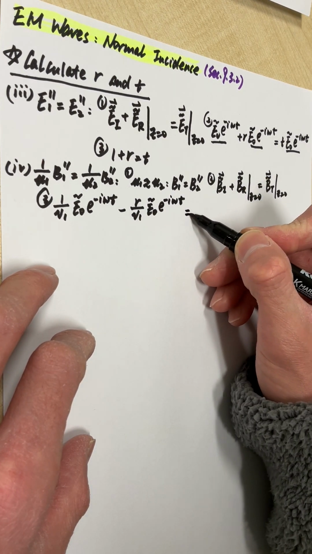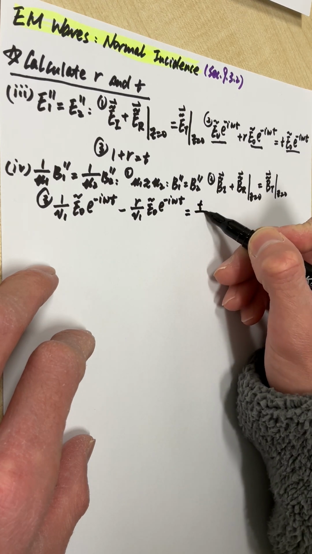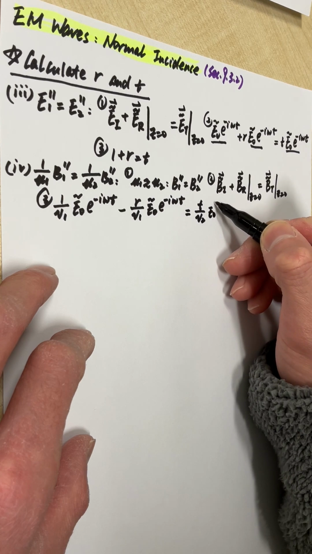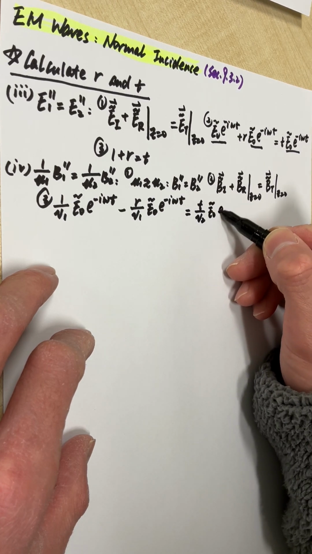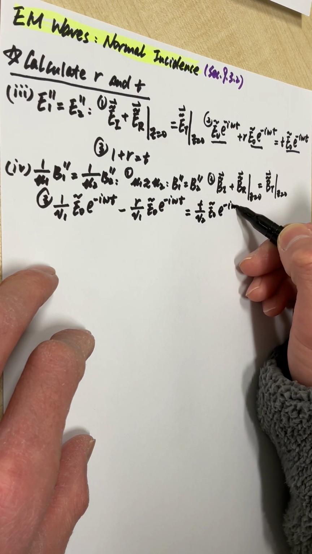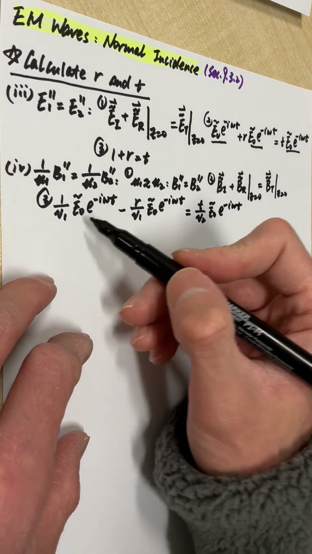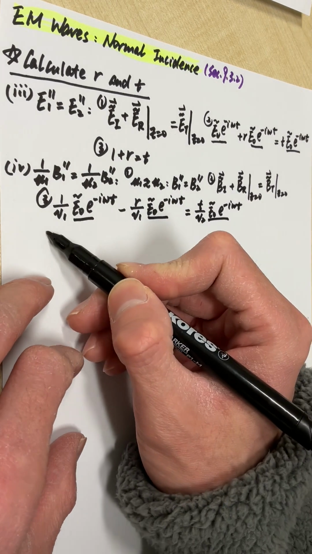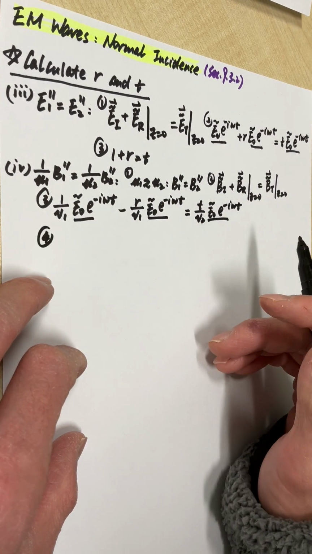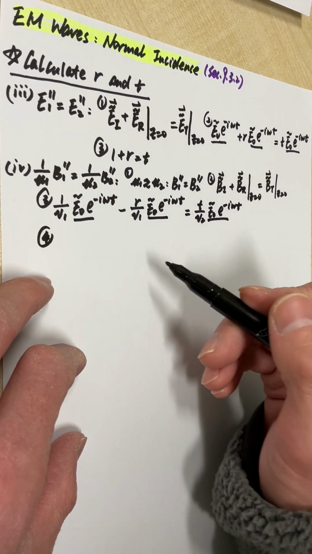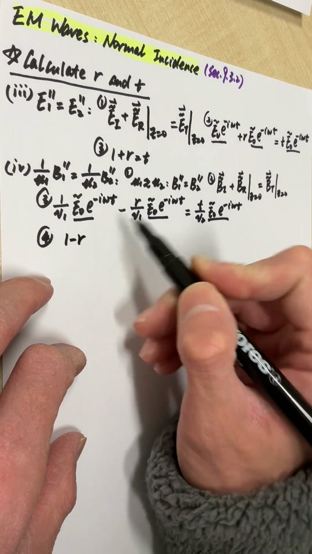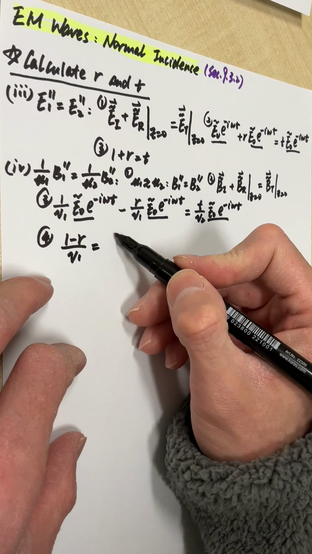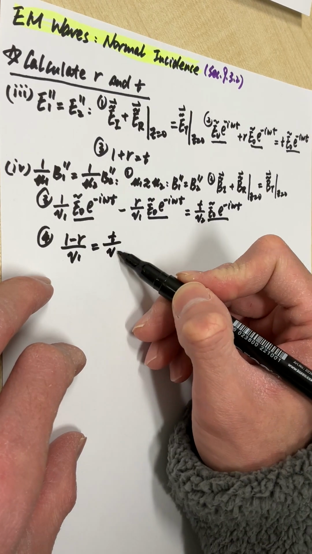And this equals T divided by V2, E0, e to the minus i omega t. Now all of this will be cancelled, so I have another relationship between R and T, given by (1 minus R) divided by V1 equals T divided by V2.